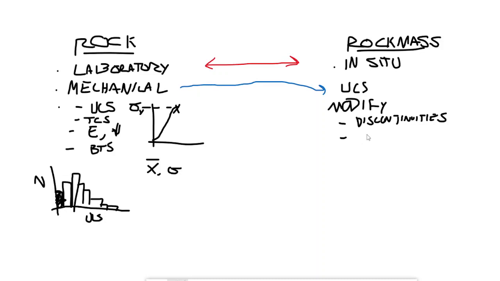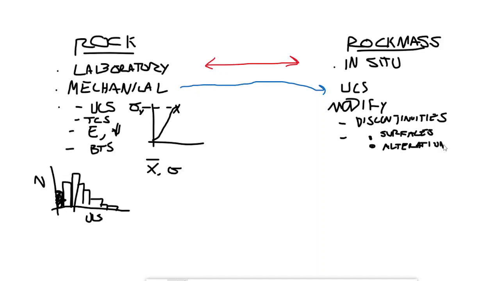As a subset of those, you might talk about the surfaces of them. Are they slick with water or some clay that's going to be really weak and shear that we have to consider? Are they altered with some other form? Things like this.